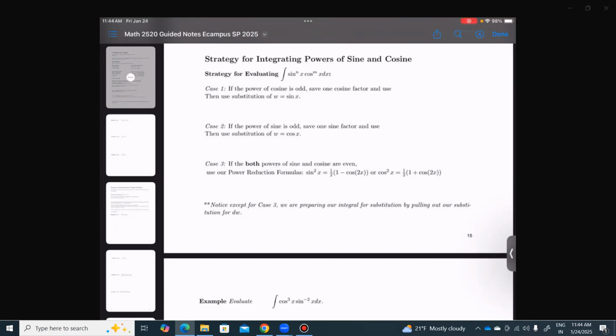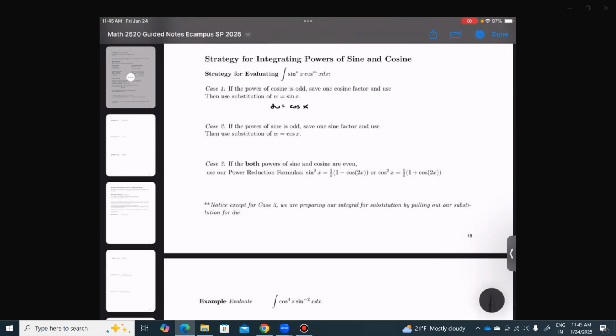If the power of cosine is odd, then we have to save one of the cosine factors and then use a substitution of w equaling sine x. The reason we do this is when we differentiate w, we get dw equals cosine x dx, and we're going to be able to make a substitution.